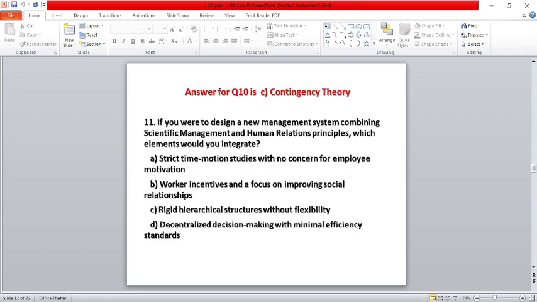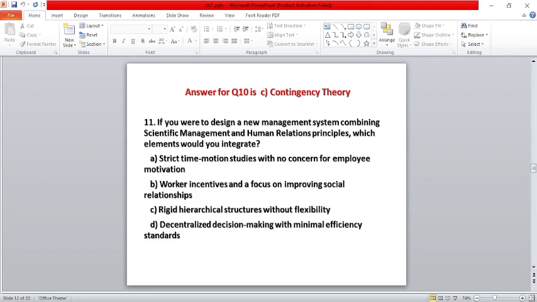Question number 11. If you were to design a new management system combining scientific management and human relations principles, which elements would you integrate? A. Strict time motion studies with no concern for employees' motivation. B. Worker incentives and a focus on improving social relationships.